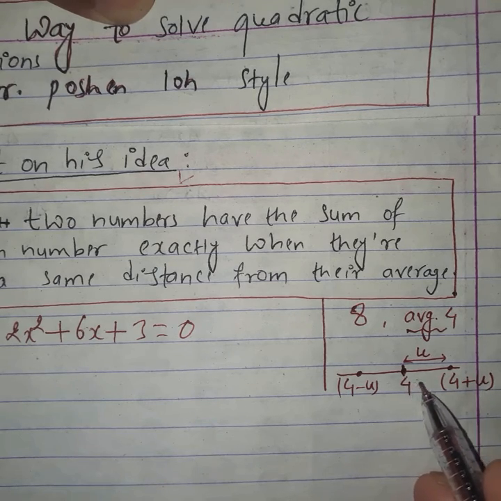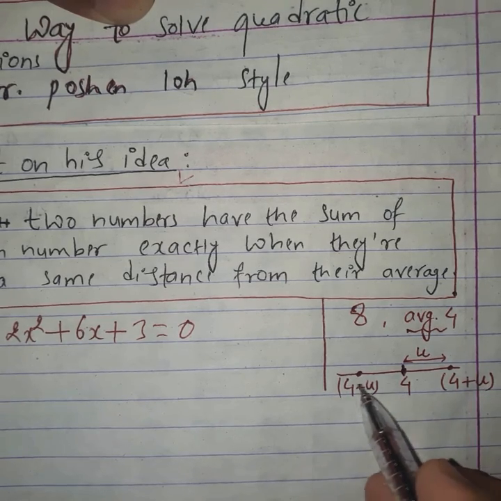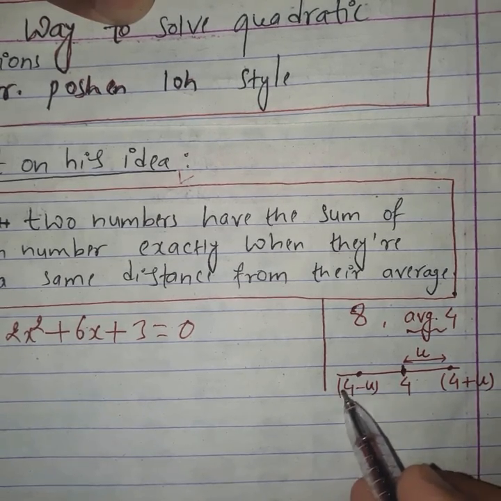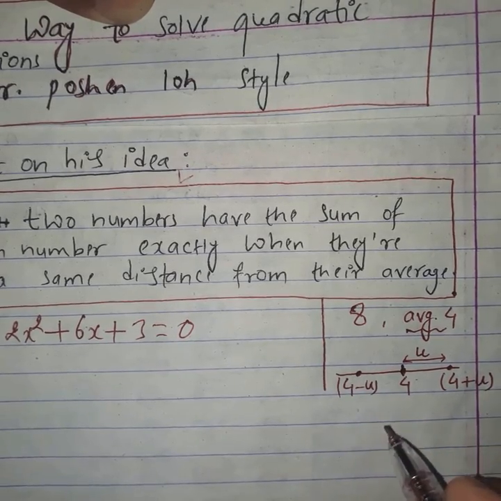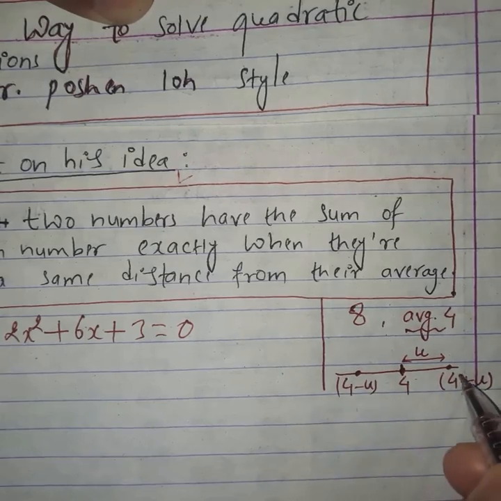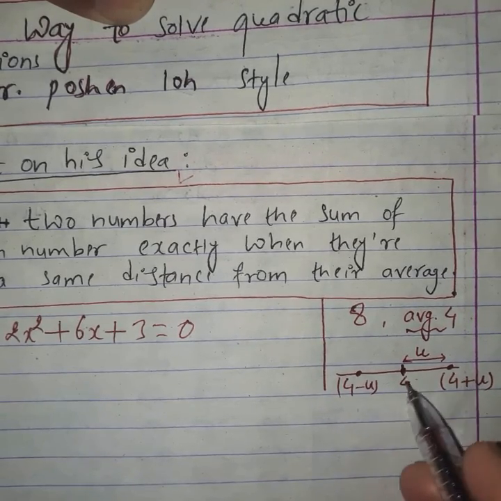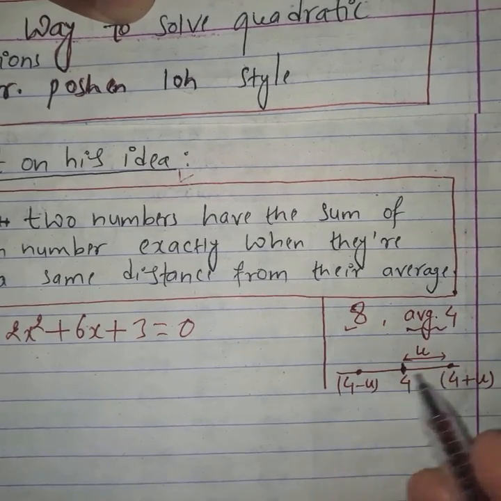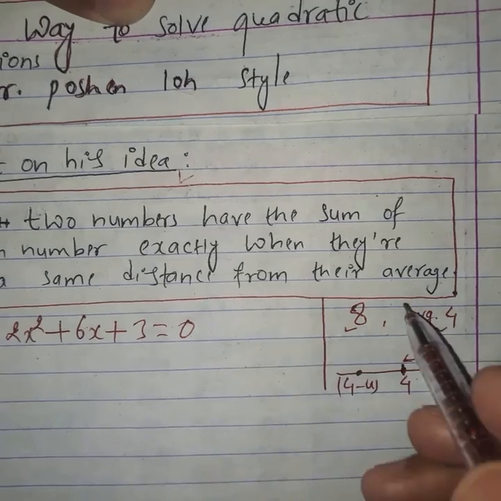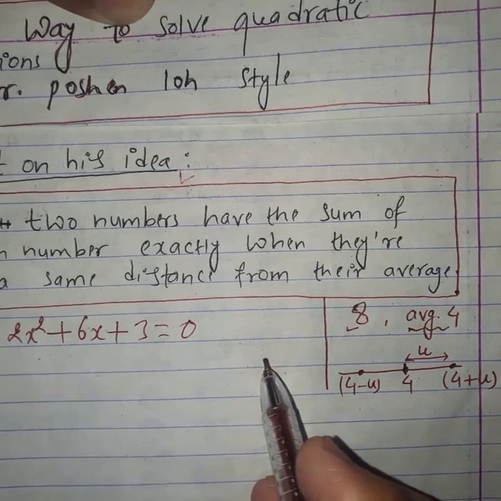Here the average is 4, so the numbers are 4 plus u and 4 minus u, whose average is 4 and whose sum is 8. By this idea, he can solve the quadratic equation.